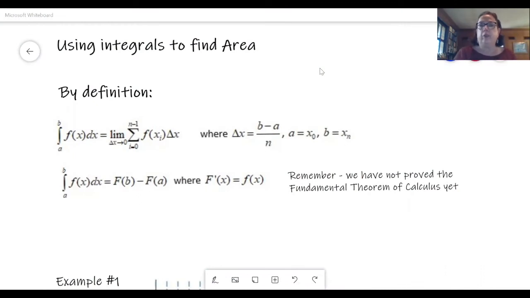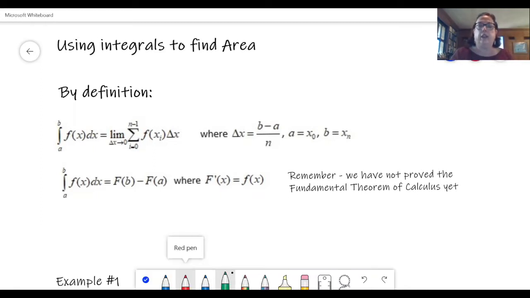This video is about using integrals to find area. We can recall that by definition, the definite integral from a to b is actually an infinite sum of infinitely skinny little rectangles.